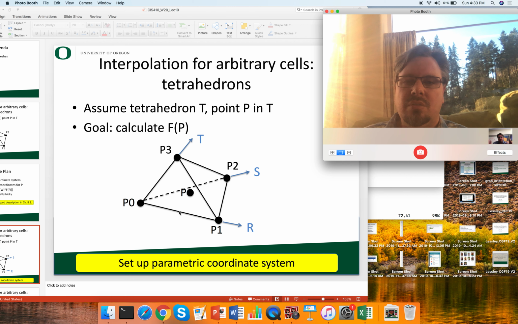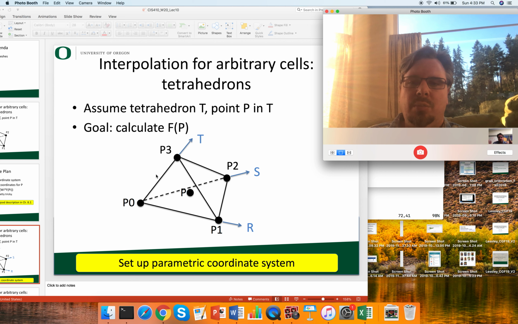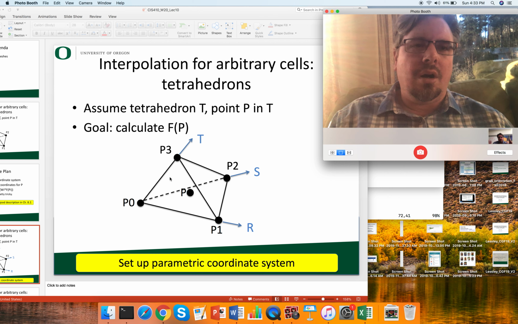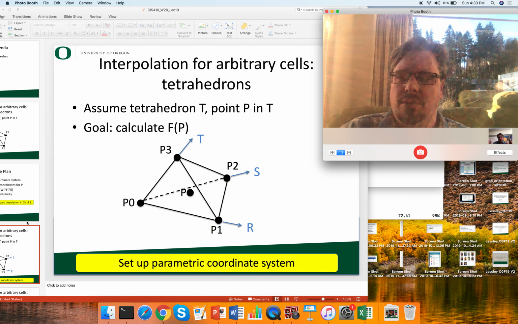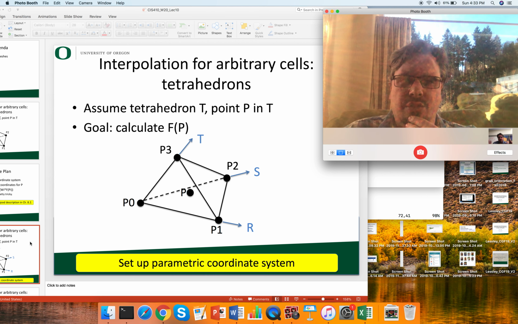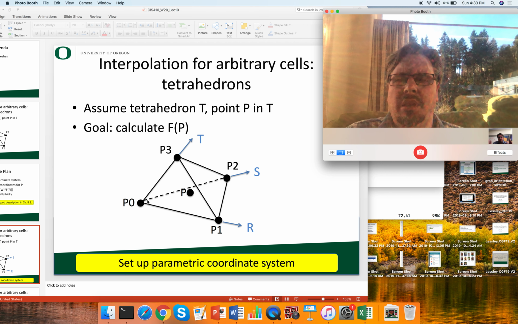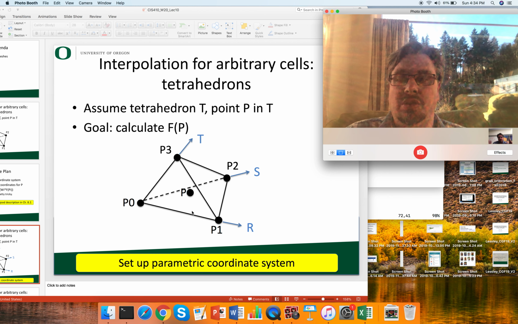Those are 3 directions. In this case, the 3 directions are not orthogonal, the angle between them is not 90 degrees, but it turns out that they are linearly independent, if you've taken linear algebra. What I really mean is, if you take small steps in R, S, and T, or some combination of steps in R, S, and T, you can get anywhere inside this tetrahedron, and actually anywhere in space if you take many steps in any of the directions and include negative steps.